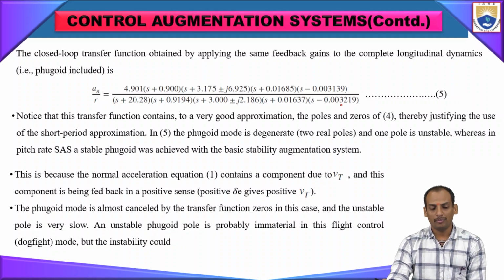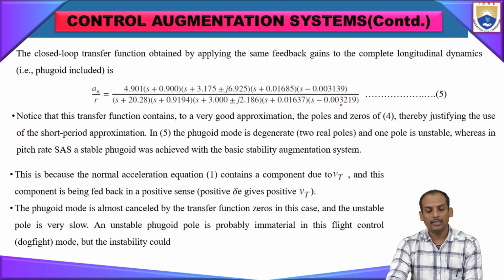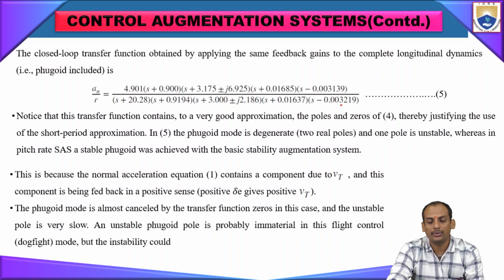This is because normal acceleration in Q1 contains the value of Vt, and it is compensated by feedback in a positive sense. So the phugoid mode is almost cancelled by the transfer function zero in this case, and the unstable pole is very slow. The unstable pole is probably immaterial in this flight control design.